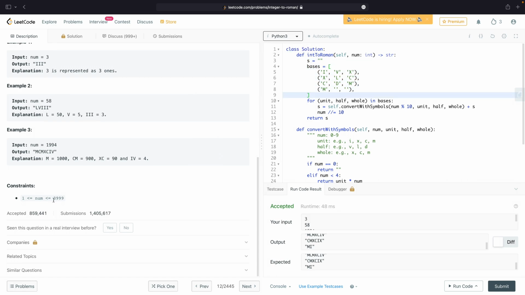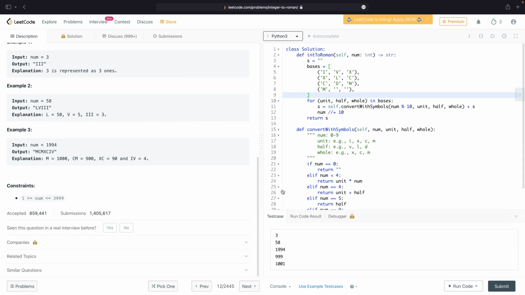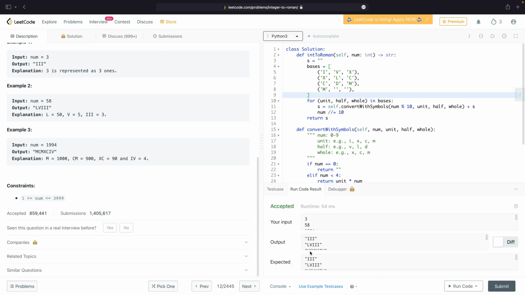So here, that's literally up to 3,999. In fact, let's add that as a test case. 3,999. We handle it correctly. 3,000, and then there's 999 again. All right, let's submit it.